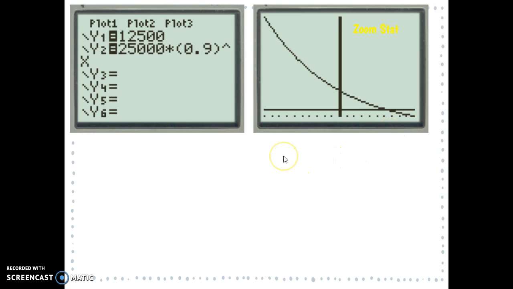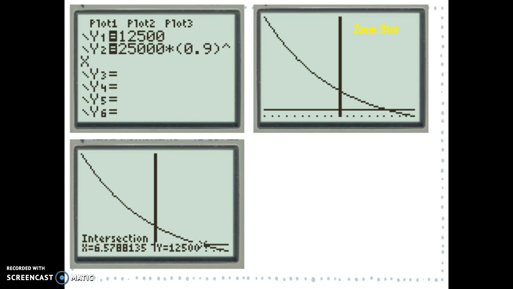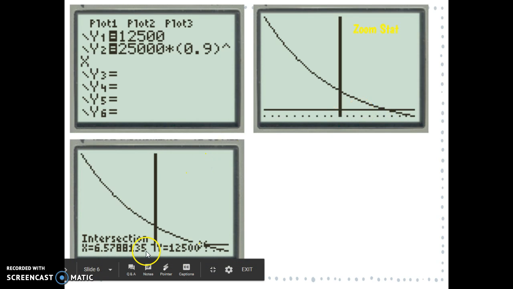Now, to find your intersect, you need to hit second calc, number 5 for the intersect, and move your cursor really close to where these 2 lines are intersecting. Do that for the first curve, move it close to that intersection for the second curve, and then hit enter again one more time on guess and see where those 2 lines intersect. Once you do that, you should see the intersection is at these points here.